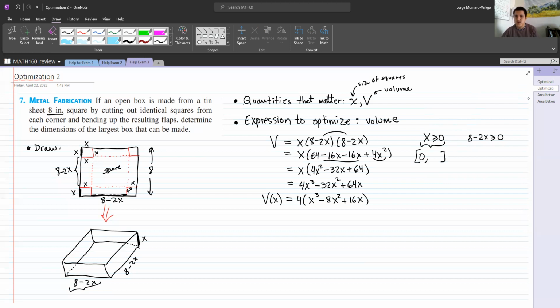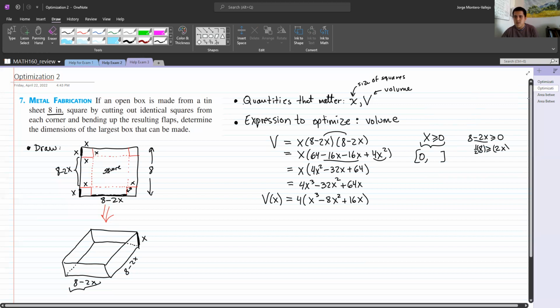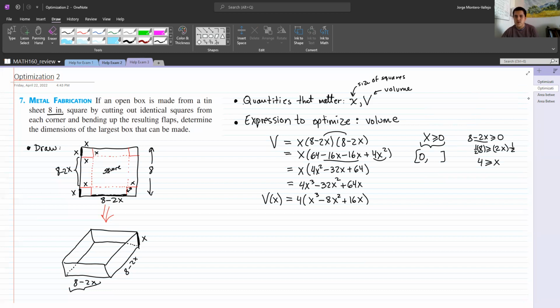When you solve this inequality, you send this to the other side as positive. So 8 is greater than or equal to 2x, and then divide by 2. And you get 4 greater than or equal to x. So that means that x can be at most 4. So then 4 goes here. Okay. All right. So this is going to be our interval of optimization.